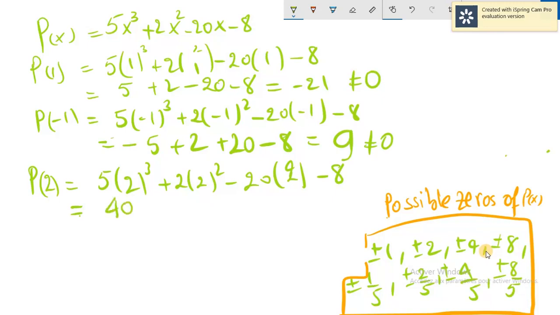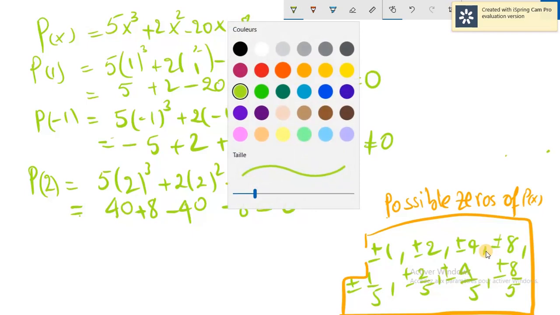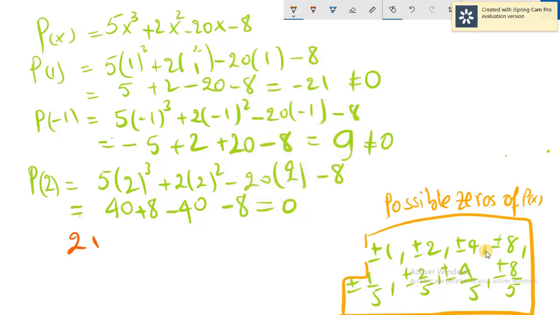Then 2 squared is 4, 4 times 2 is 8, plus 8. Here negative 20 times 2 is negative 40. Then negative 8. So 40 plus 8 minus 40 minus 8 is equal to 0. Since it is equal to 0, it cancels out our polynomial function. So 2 is a real zero of p(x).